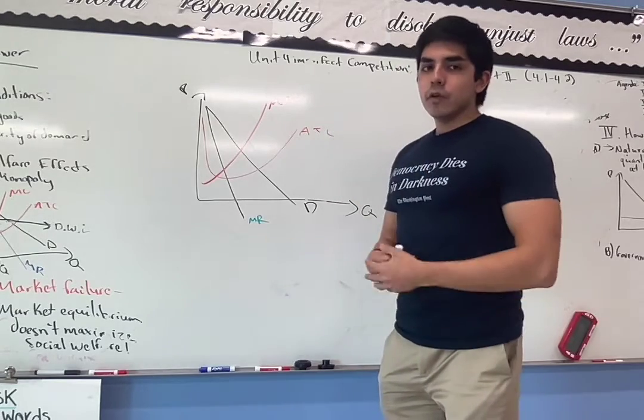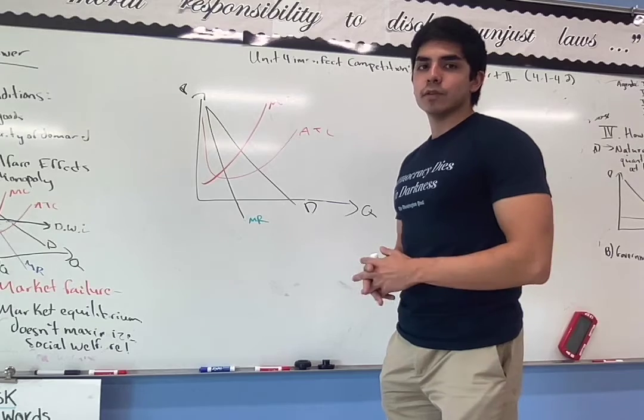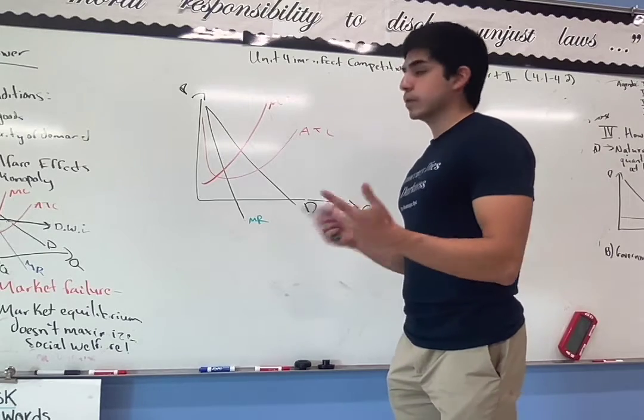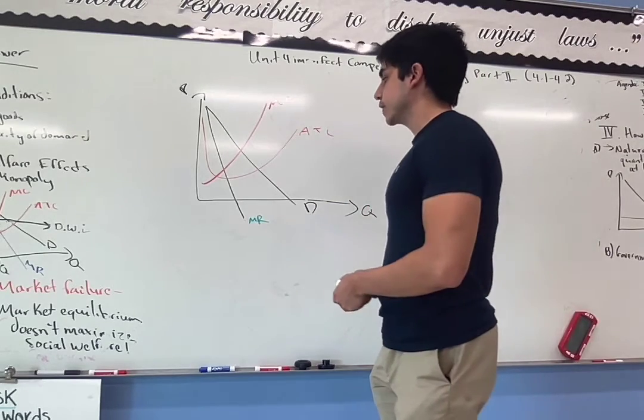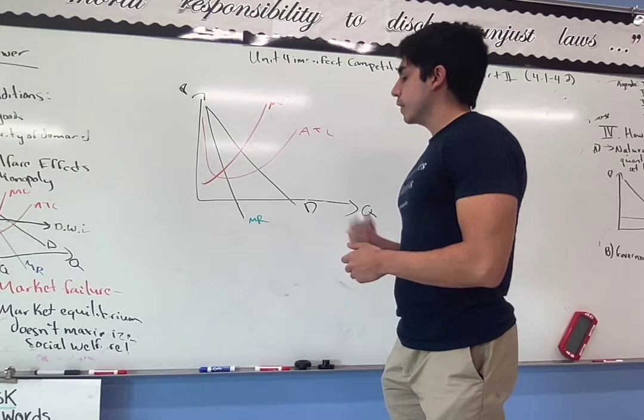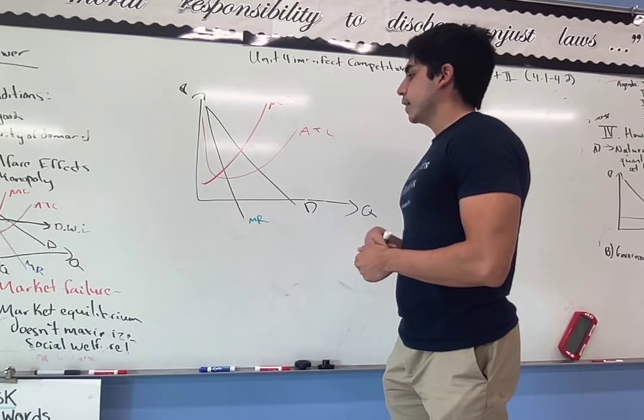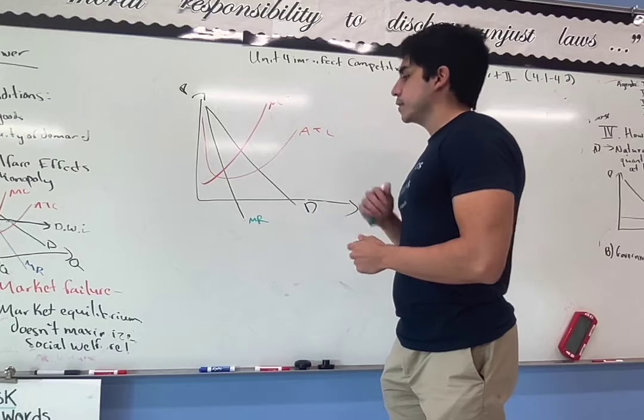The demand curve is downward sloping. That goes back to Unit 2. That's kind of intuitive. There's an inverse relationship between price and quantity demanded of a good or service. And then the marginal revenue line, which we see here, is falling at a faster rate than the demand curve.